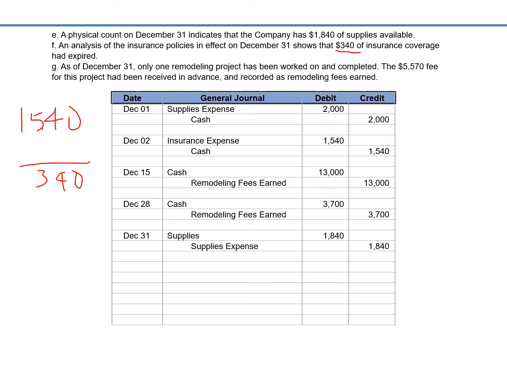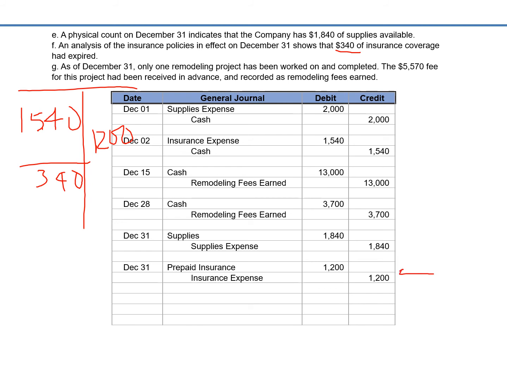So in order to reduce our balance in our expense account, we're going to credit for the difference between the two. So we're going to record prepaid insurance for $1,200, and then we're going to reduce our expense with a credit of $1,200. So if that's our debit column, our credit of $1,200 would be over here in our T account. And that would reflect this $1,200.